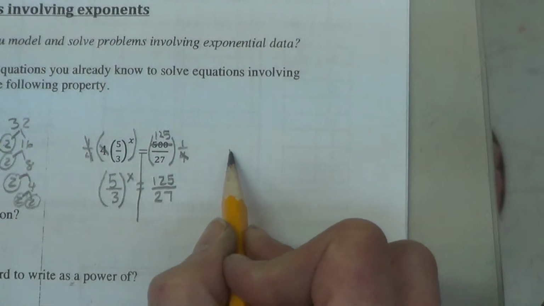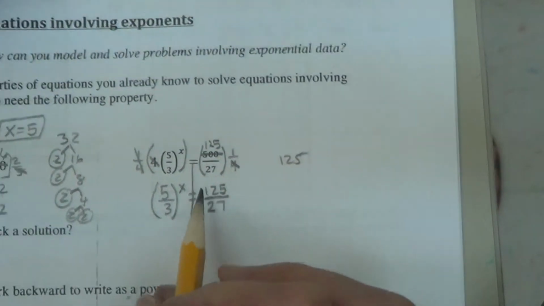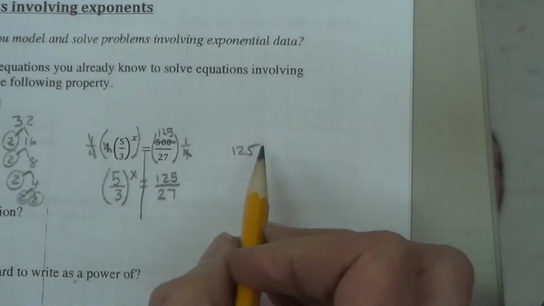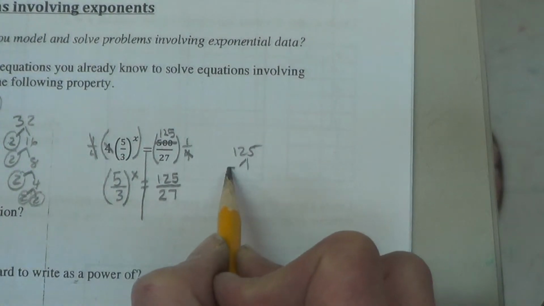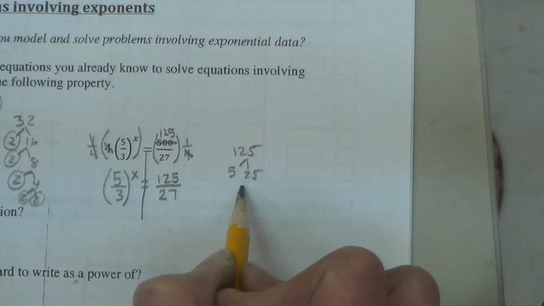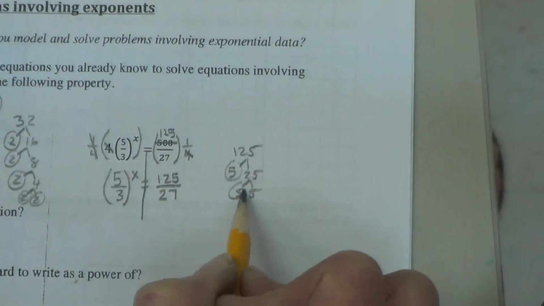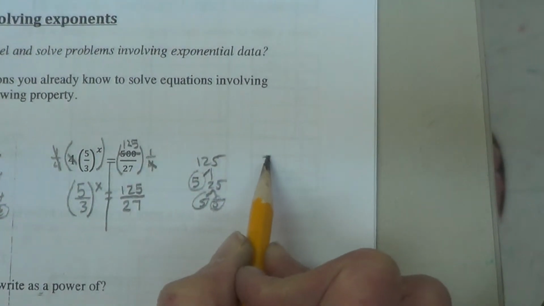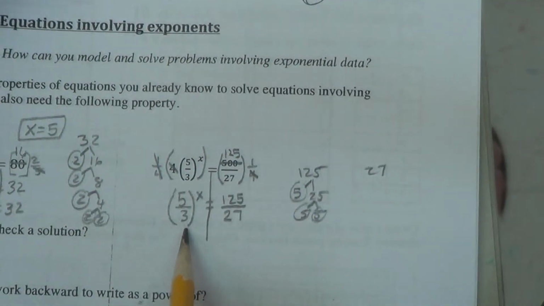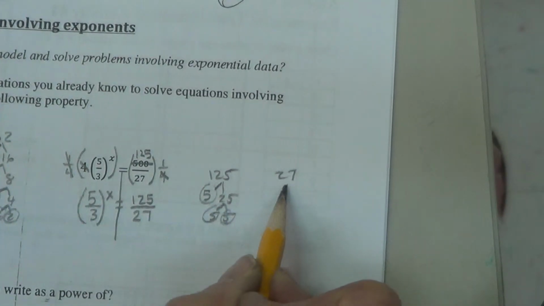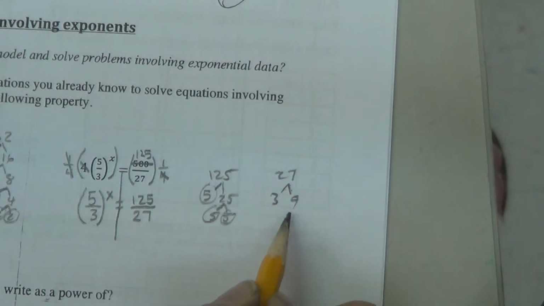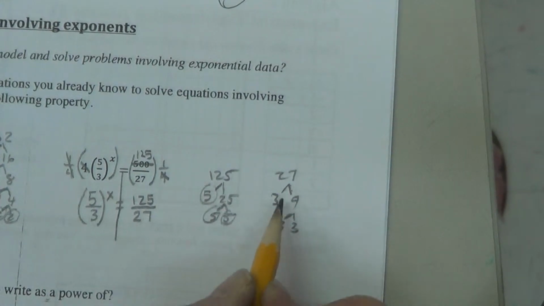So we take 125 and we break it down, finding the roots of 5. 5, 25, 5, and 5. And 27, we break down to roots of 3. So 27 is 3, 9, 3, and 3.